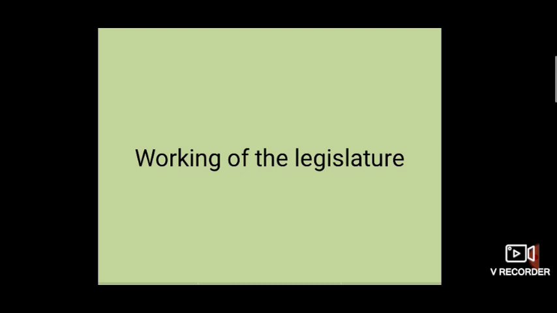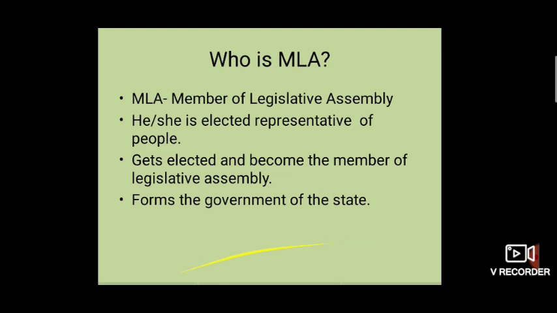Number 3, which is the ruling party and which is the opposition party? Number 4, whose party's leader will become the chief minister of the state? So these are the questions. Once you get the answers, it means you understand this topic. We will discuss the answers in our Zoom class.